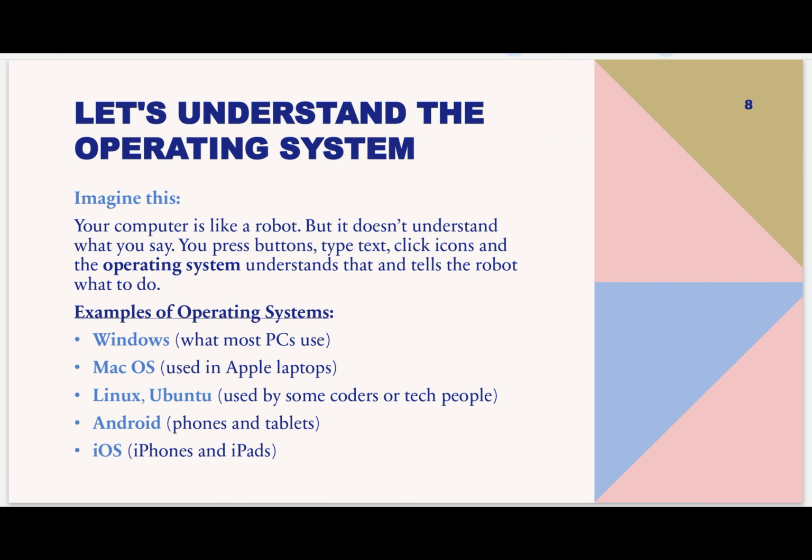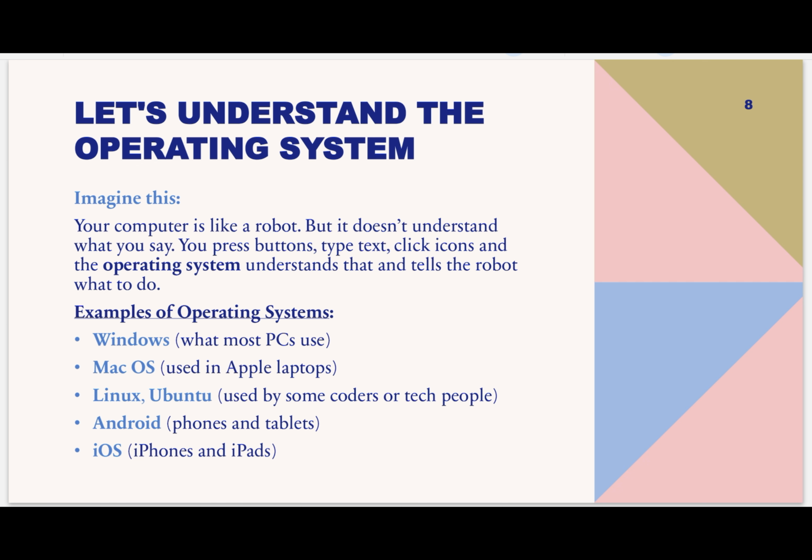Now let's understand what is meant by operating system. See here, imagine this, your computer is like a robot, right? But it doesn't understand what you say. You press a button, type text, click an icon, and the operating system understands that and tells the robot what to do, right?